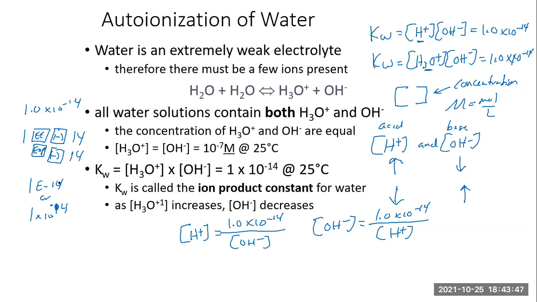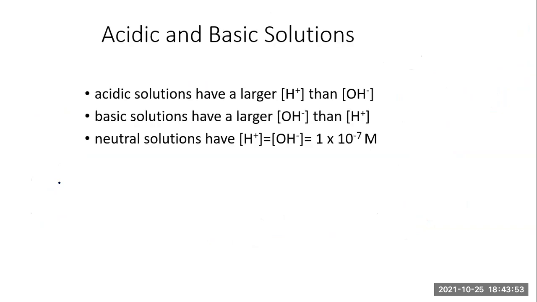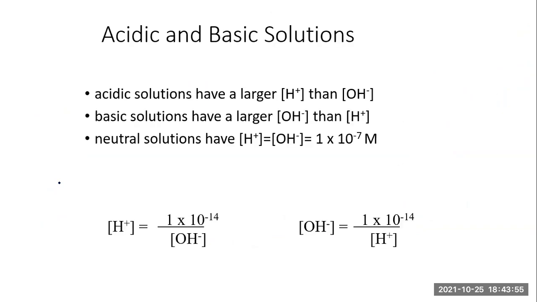So let's take a look here. What does it mean if we do calculate the H plus and OH minus? Well, if we calculate the H plus concentration and it's larger, which means the acid part is larger than the base part of the solution, then the solution will be acidic.